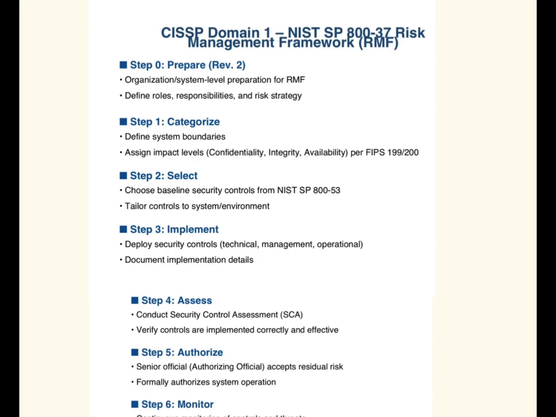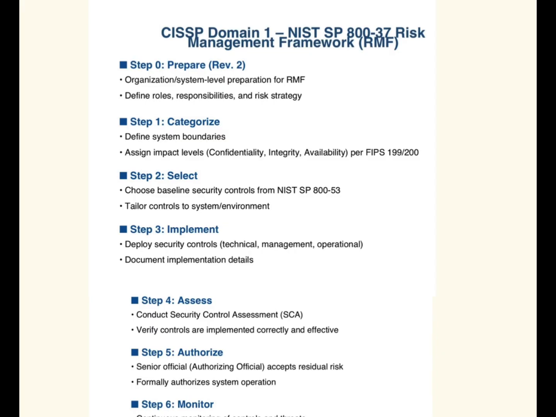Each gets its own RMF cycle, but it could also be organization-wide alignment. While execution happens at the system level, RMF also aligns with company-wide governance, right? So in practice, RMF is system-focused, per system, per boundary, but it must fit into the enterprise risk management program, the big picture governance.